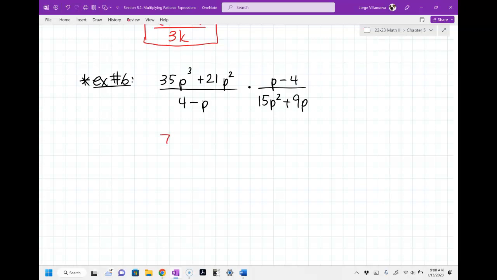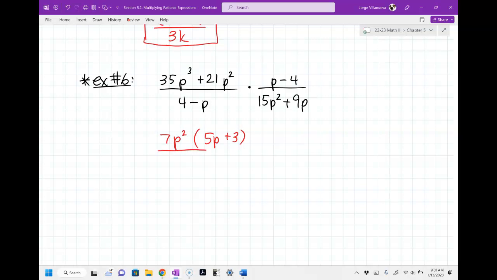And what about letters? A p to the second, right? Because one of them has 3 p's, the other one has 2 p's. So a p to the second, all right? So that leaves me with 5p plus 3. Okay, that's what's left over.